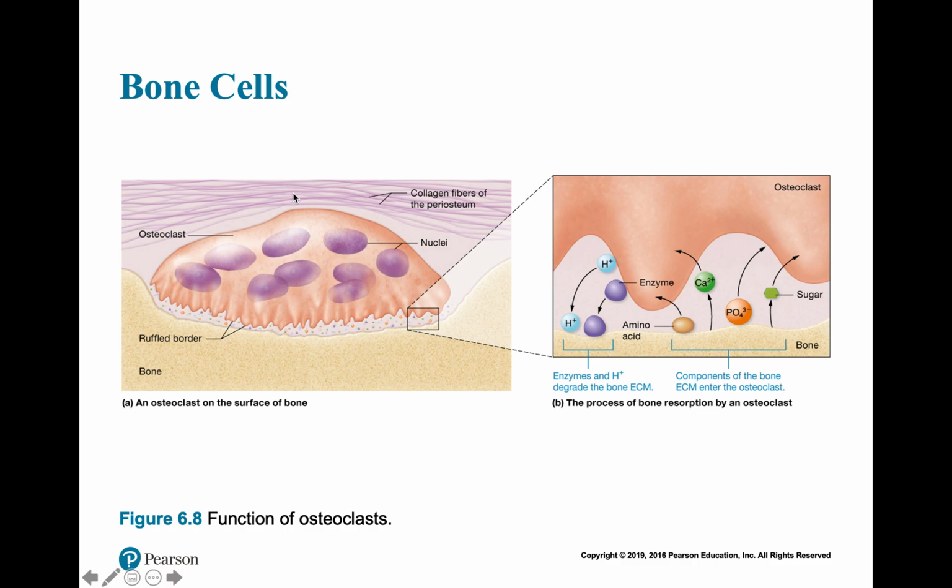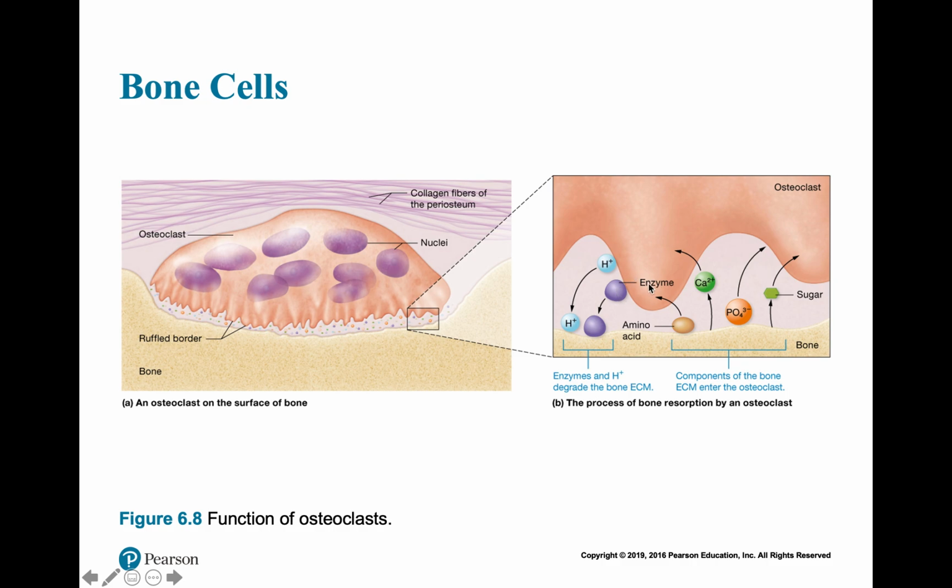So when these osteoclasts get the appropriate chemical signals from the body that we need to break down bone, say calcium levels in the blood are low and we need to release calcium, these osteoclasts will release hydrogen ions, creating an acidic environment here, and that acid will actually degrade the inorganic component of the matrix. So the inorganic part of the bone matrix will be broken down because of these hydrogen ions that make the environment more acidic.